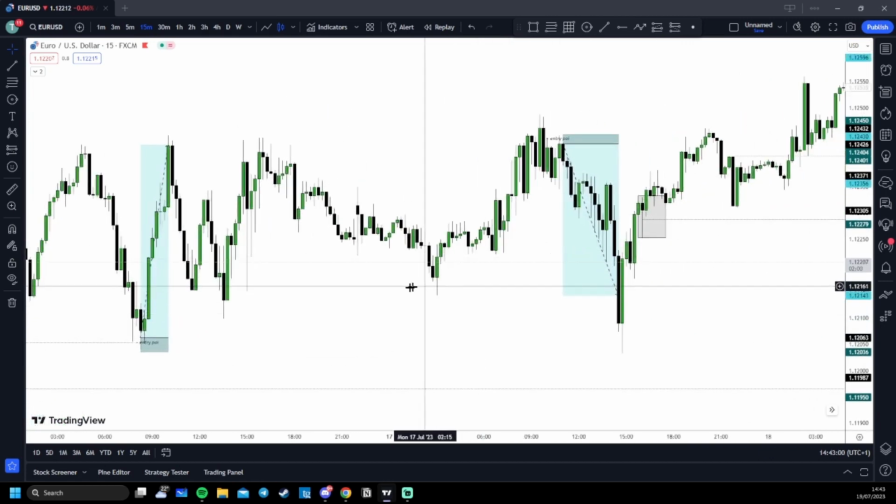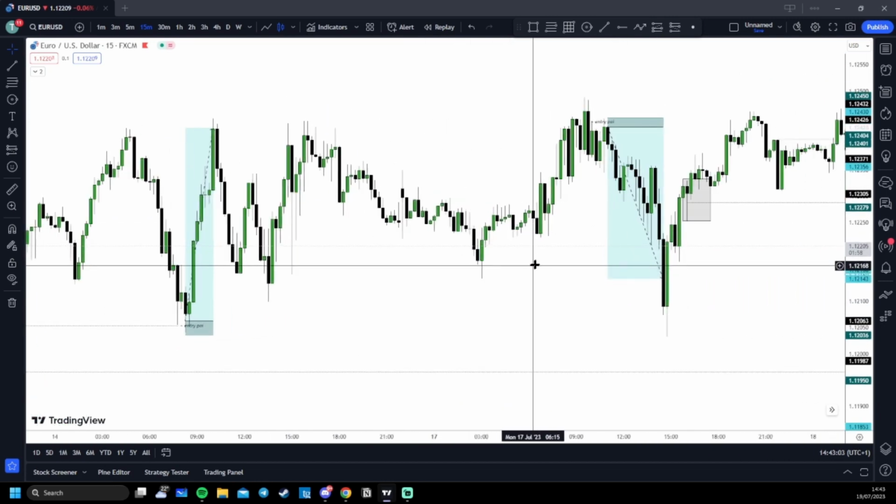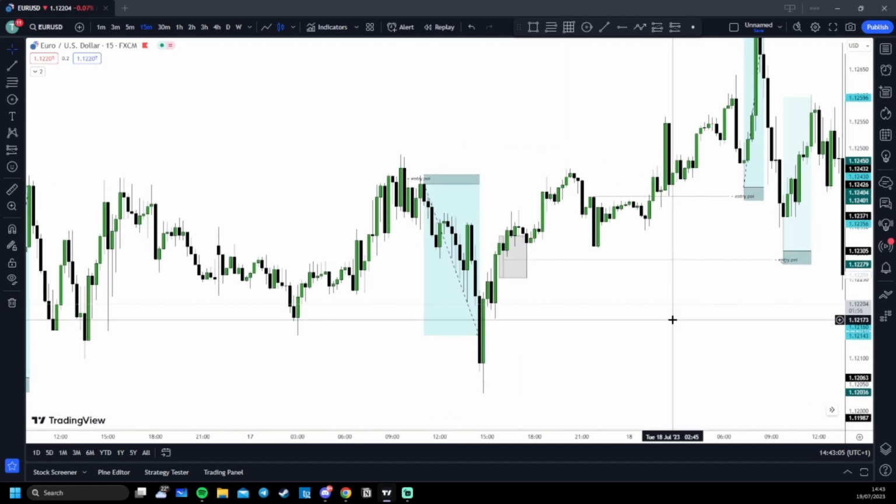My strategy is based on having a daily bias, the market's intention. You need to know the market's intention, as in where it's going to go, bullish or bearish. Then at the London Open or New York Open, whatever you trade, you're waiting for a big liquidity sweep. For me, you could have it two different ways.